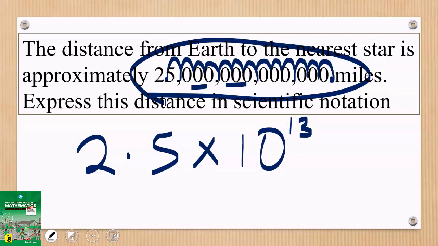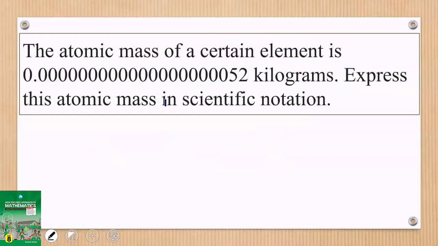Okay, let's do the last example. The atomic mass of a certain element is 0.000000000000000000052 kilograms. That's amazing, a very, very small number. We want to express this number in scientific notation.